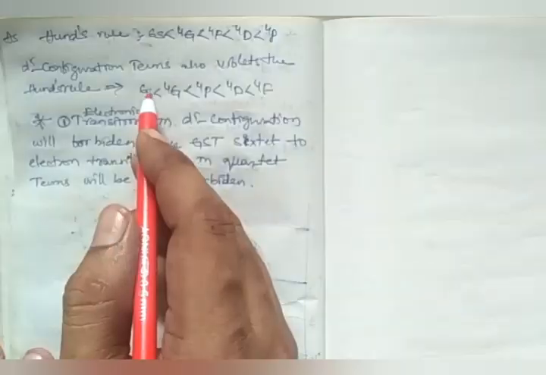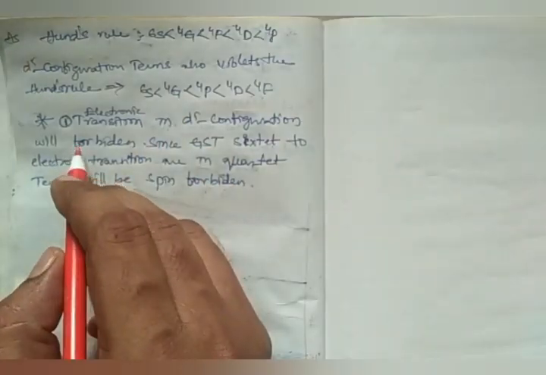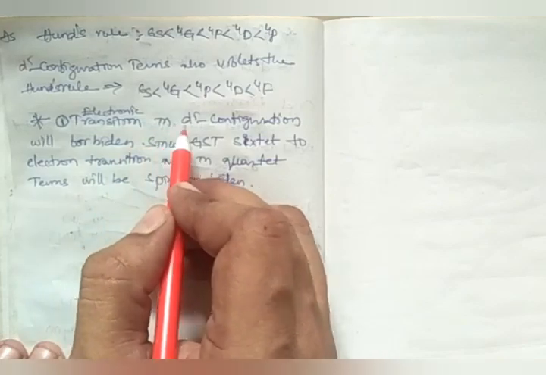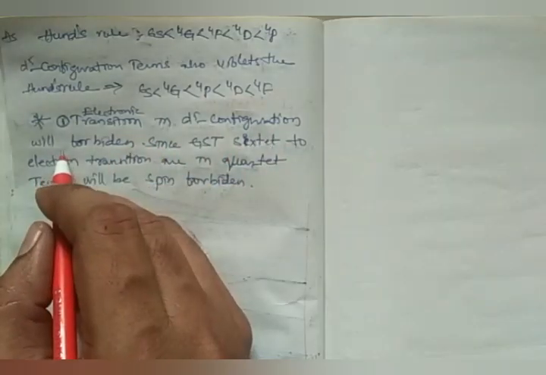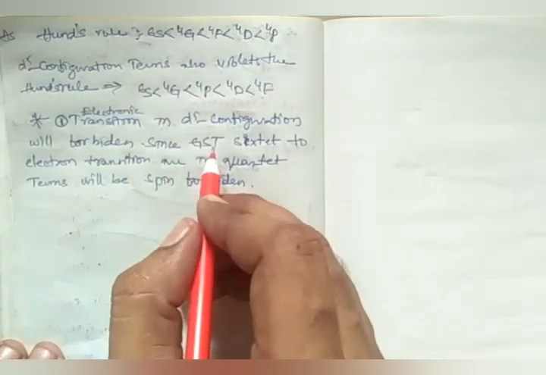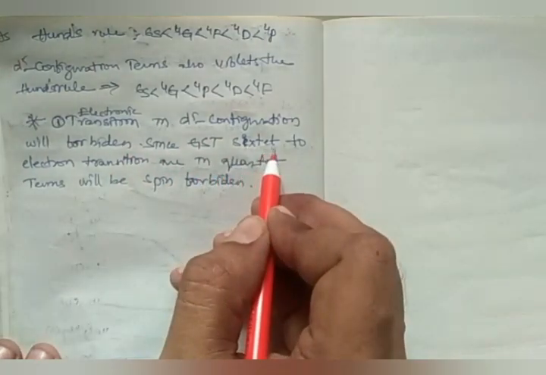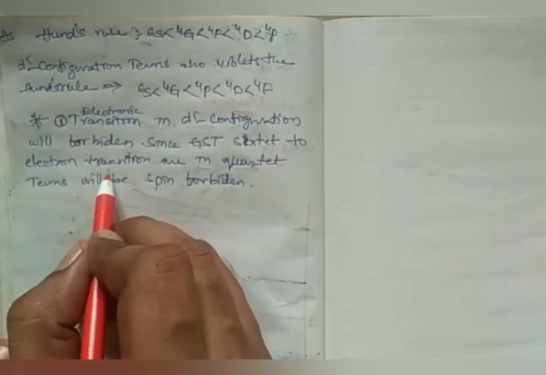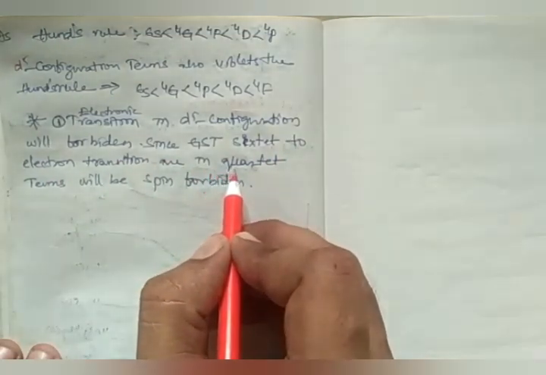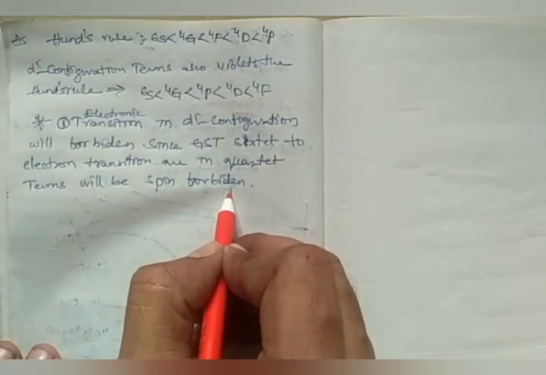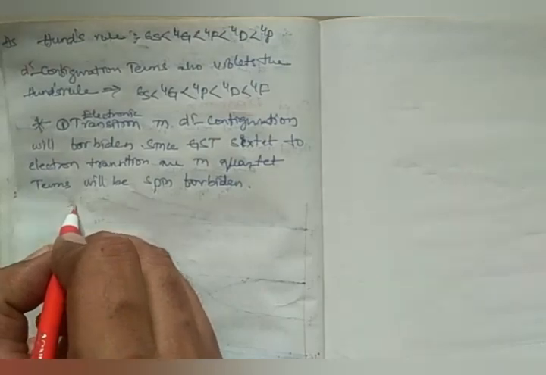From the Orgel diagram, we can observe two things. One is that the electronic transitions in d5 electronic configurations are forbidden, since the ground state term is a sextet, and electronic excitations from the sextet ground state term to the quartet terms are spin forbidden, right? So that is the one.